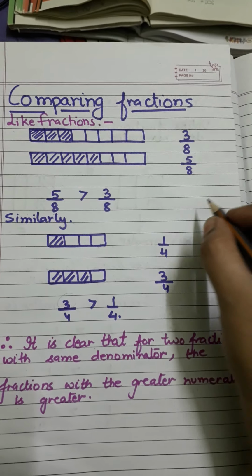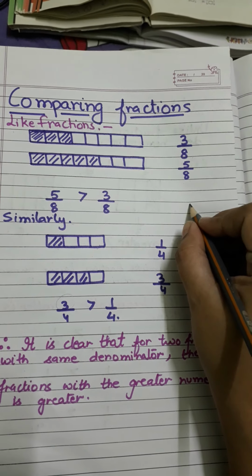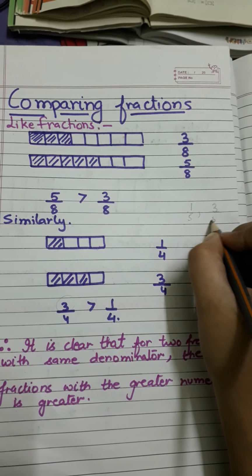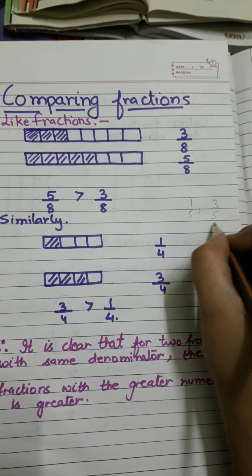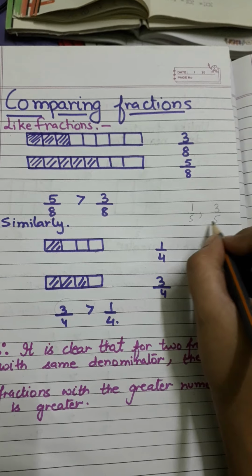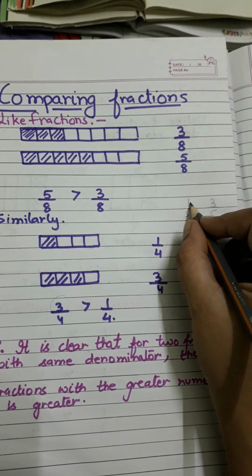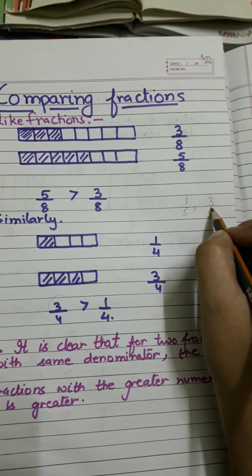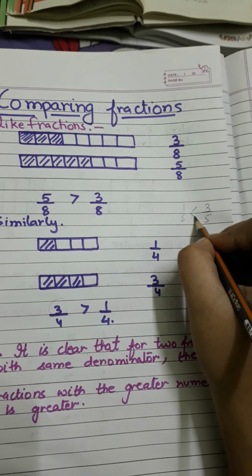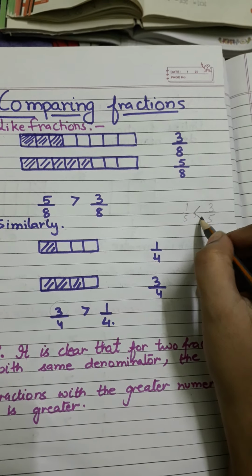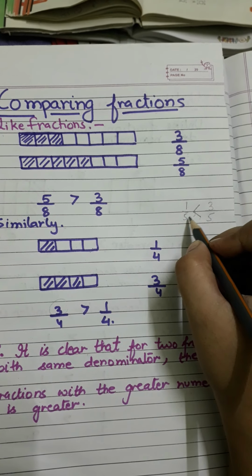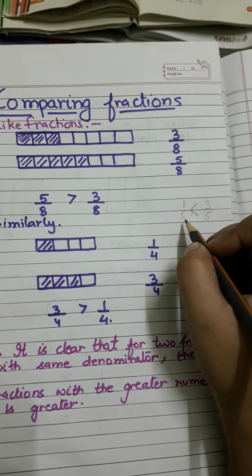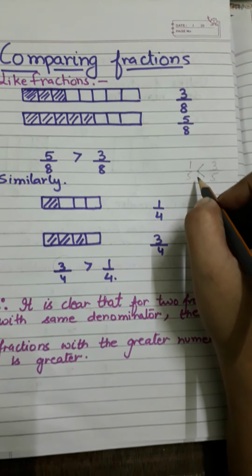If I take an example of 1 by 5 and 3 by 5, these two fractions have the same denominator, but the numerators are different. So the fraction with the greater numerator will be greater. So which fraction is greater? 3 by 5 is greater than 1 by 5.